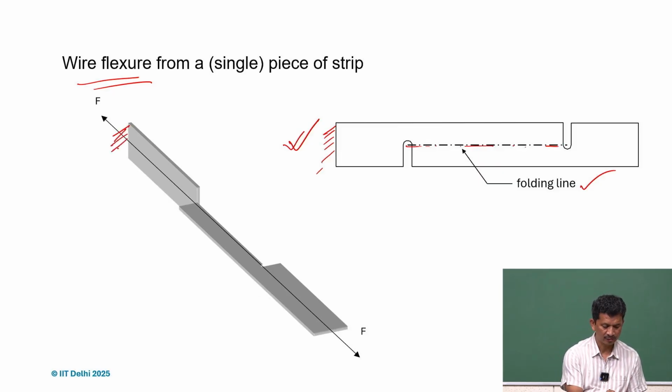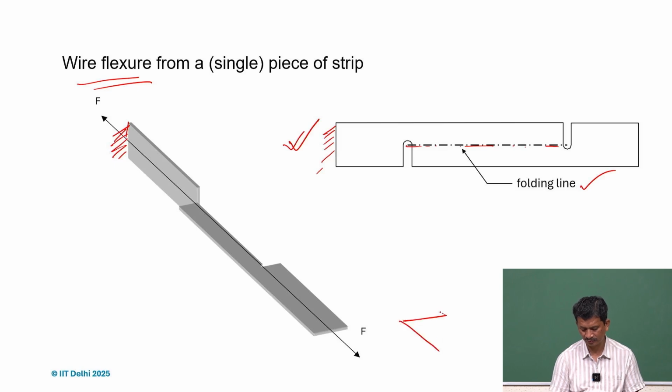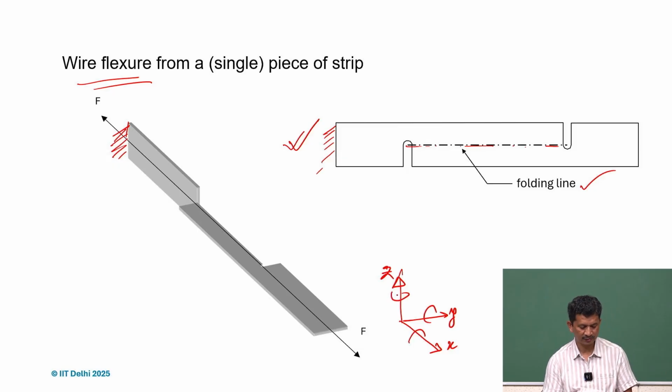So if we fix it and then try to move, we can see for ourselves as we try to move in different directions. And then even the rotation, if we try, we realize that there is a constraint in the x direction here, along the length, along the fold line. So what happens if we just try to see one by one along x? Yes, everything has to be stretched.